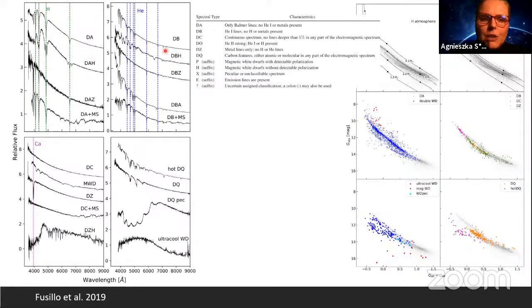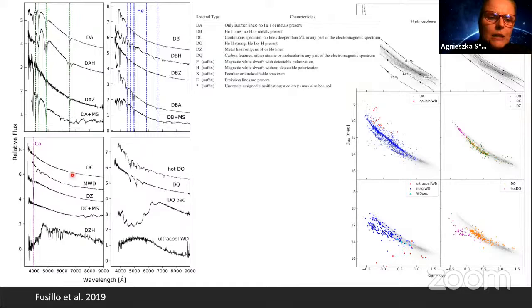The other 20% are DB white dwarfs, which have helium lines, however, they don't have any hydrogen lines. And then the rest is just a few percent of other types, having metals, for example, or ionized helium. There is also another type of white dwarfs, which are called DC white dwarfs.